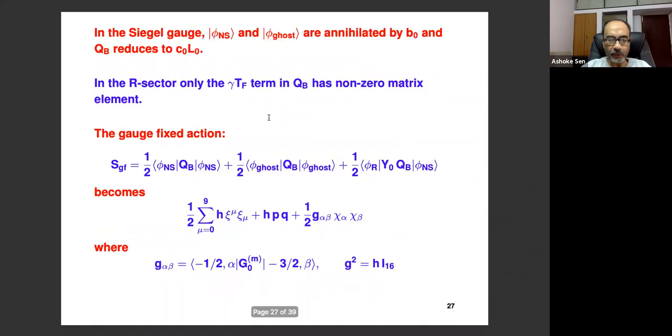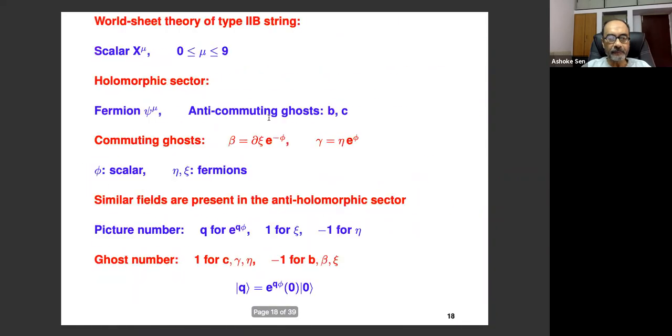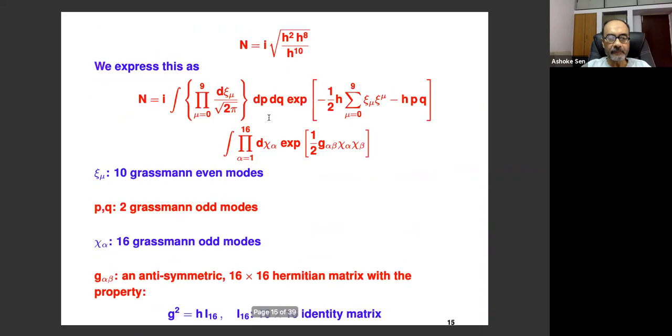Maybe I can go back to the expression for N. Here, this 2 pi to the minus 5 is coming from here, and there is i. Other than this, it is exactly the integral that we had to begin with.